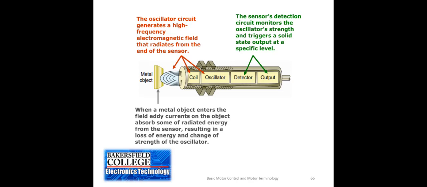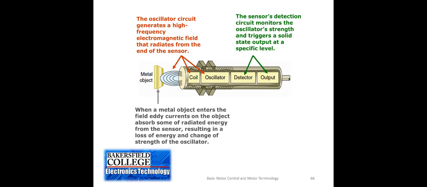Without anything in the magnetic field's realm of influence, in other words, if it's not close enough to be inside the magnetic field that's being generated, the oscillator will operate at a specific frequency. So there are a definite number of pulses per second that occur.